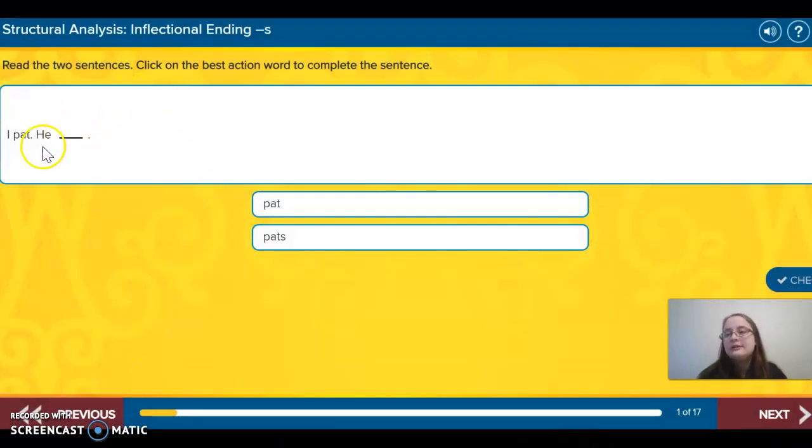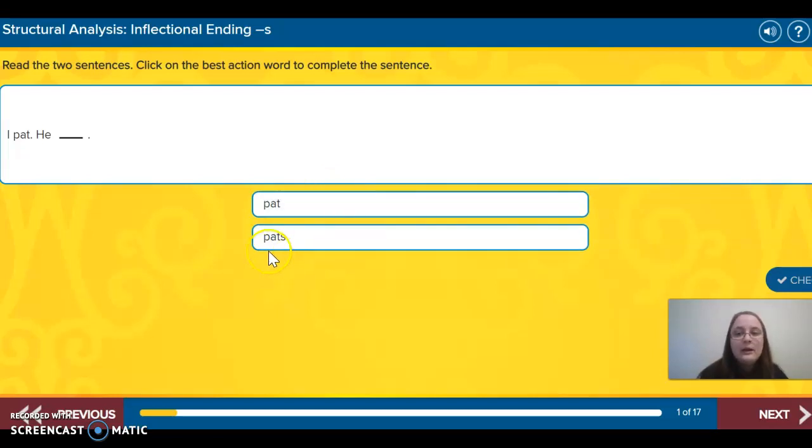So if you look here, this says, I pat, he, blank. So our action word is pat. And remember, he is a naming part. So we have to add an S to the end of pat to make pats. So does this have an S on the end? Nope. But this does.